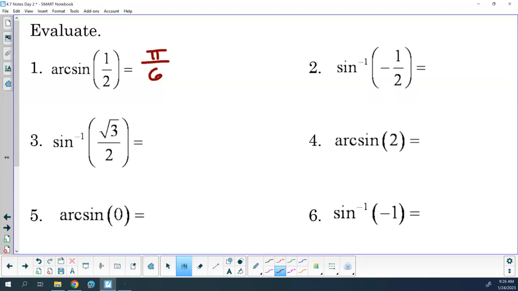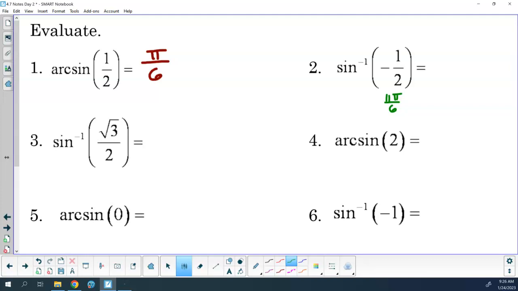Then I said in my class, where on the right half of the unit circle is sine negative 1/2? And everybody almost unanimously said it's at 11 pi over 6. And I said, whoa, that's not in that range of negative pi over 2 to positive pi over 2.